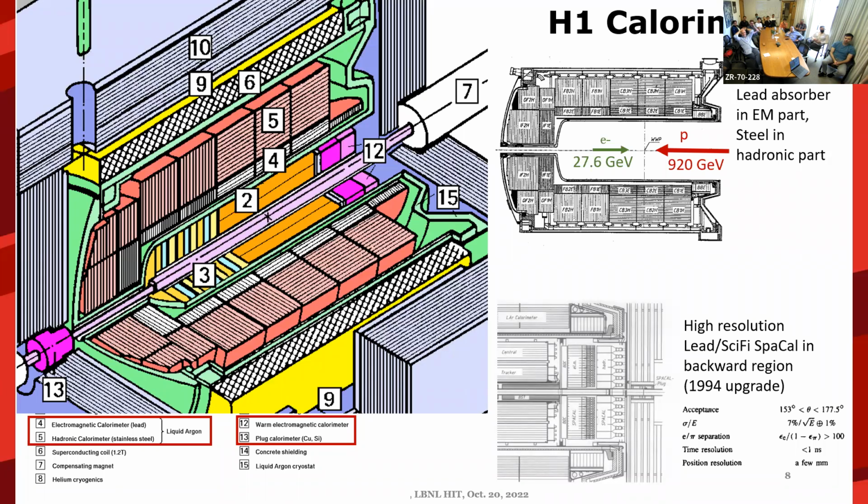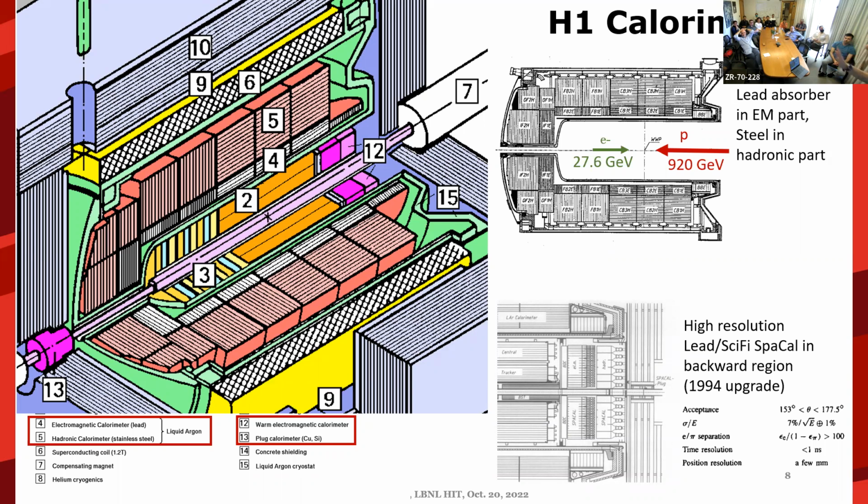So the centerpiece of H1 is really this liquid argon calorimeter. You can see a nice cutaway of it here. The proton is coming in this direction, the electron is going in that direction, and the cryostat couldn't really go in both directions because of how you install the detectors inside of it. An interesting historical fact about H1 is that they had originally planned to not have any calorimeter whatsoever in the backward direction, which would have been a very interesting choice, because they would have then only recorded the scattered electron for very high Q-squared events, above a Q-squared of 100.